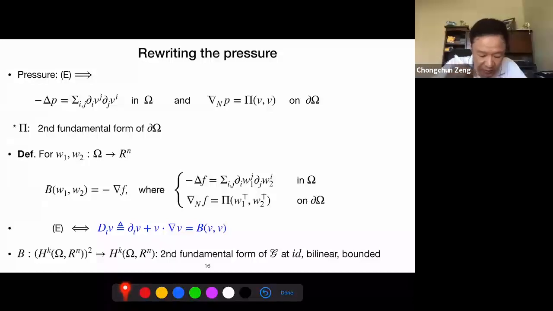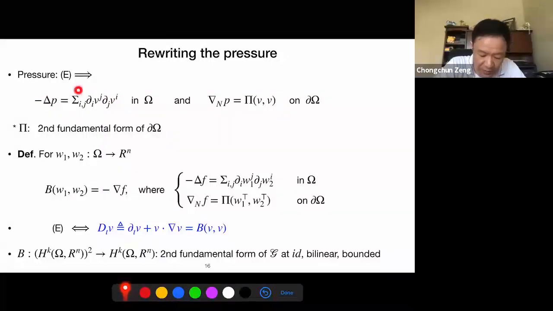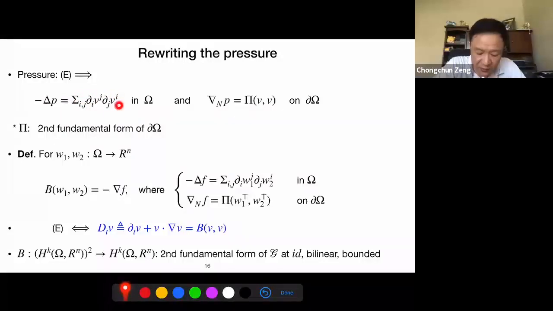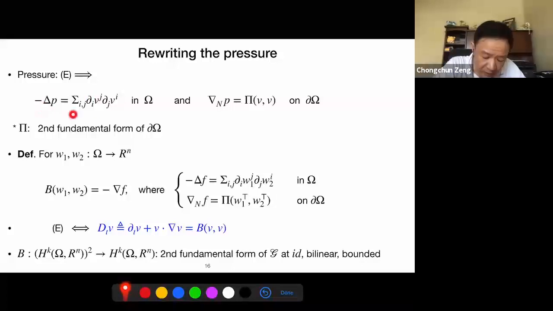So from the Euler equation, if you take the divergence on both sides, that's the first thing you get. That is minus Laplacian of the pressure is equal to the product of the first order derivative of the velocity field. So from here, it hints that the pressure should have one more derivative than the velocity field.